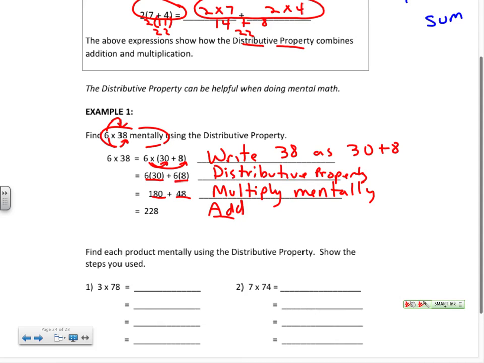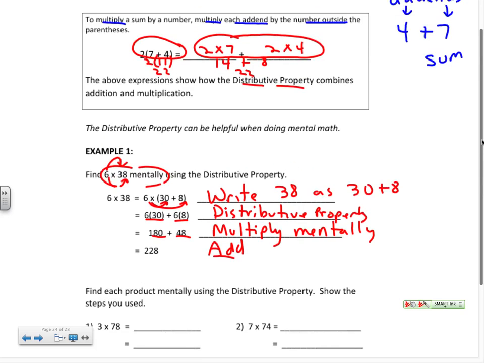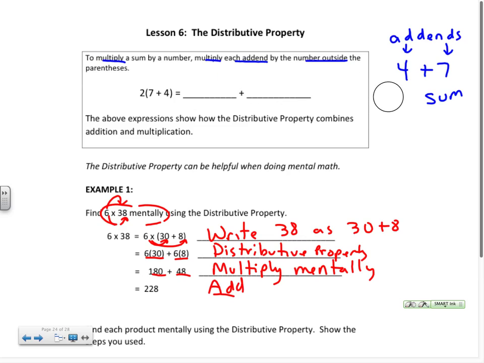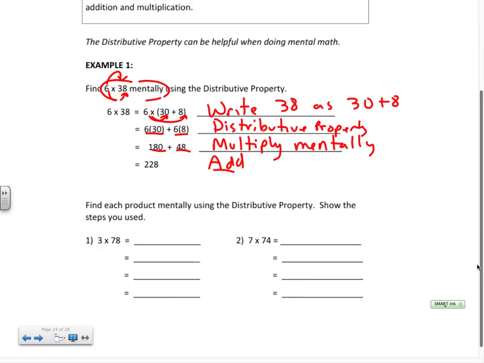So again, let's take a quick look back. The distributive property tells you that you can multiply a sum, 7 plus 4, by a number, which is 2, and I can express that expression differently.